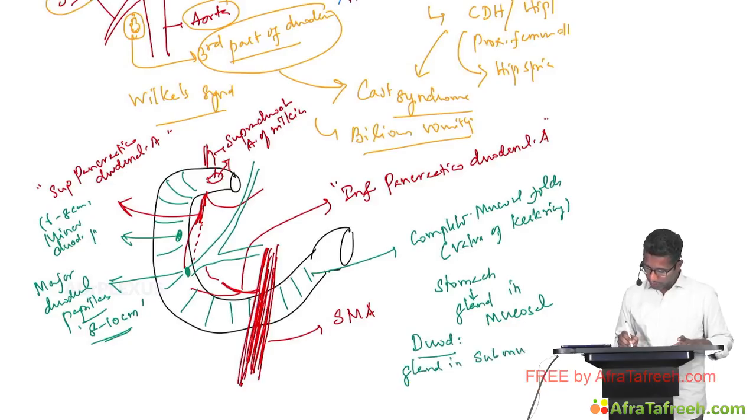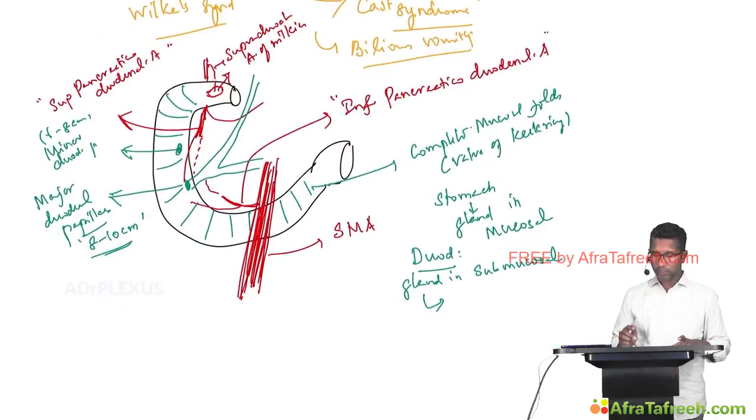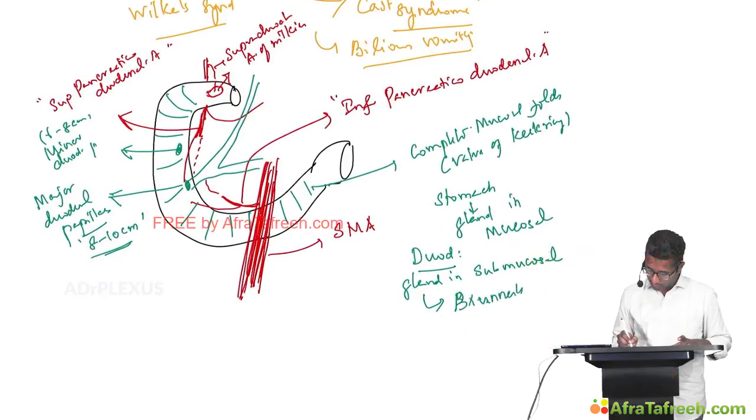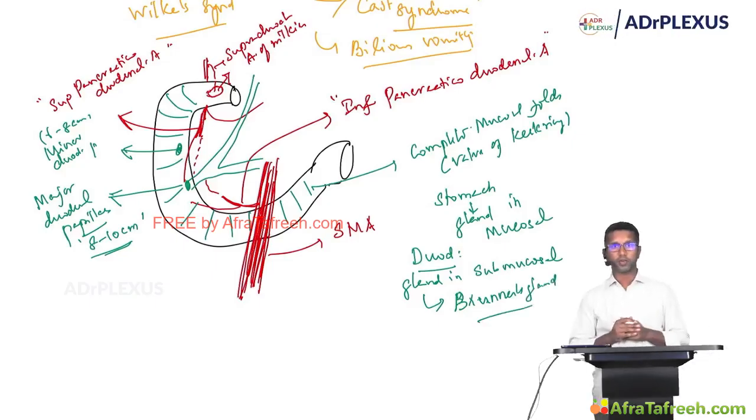These glands which are situated in the submucosal region are called Brunner's glands.